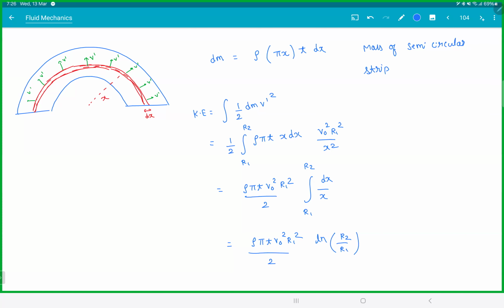There's actually even a better question in this. This thing is based on Bernoulli's actually, meaning later on we will see. Bernoulli, remember, P plus half rho v square is constant. The velocity is changing, pressure is changing now. That means on this semicircular plate, different points have different pressure. To find the net force acting on a circular plate, you have to find pressure at a point and integrate with area. You can ask like that also.